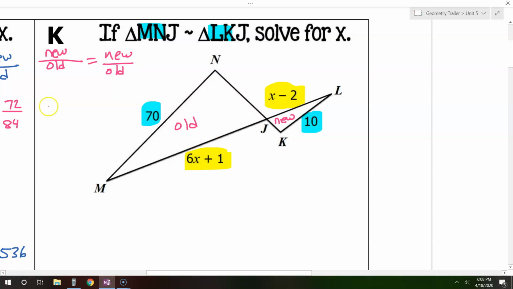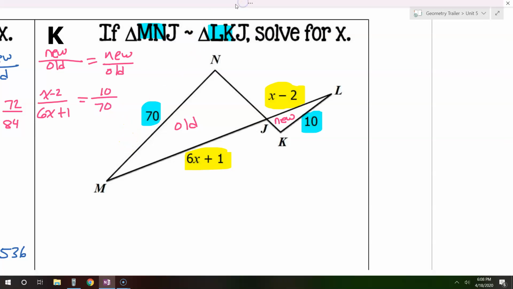So I think I'm going to just squeeze this right in over here. So looking at the yellows, new over old is going to be x minus 2 over 6x plus 1. Now the blues, new over old, will be 10 over 70.